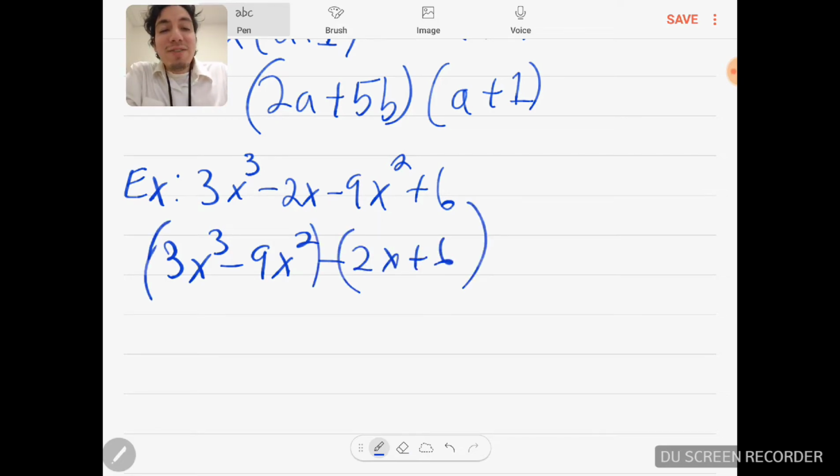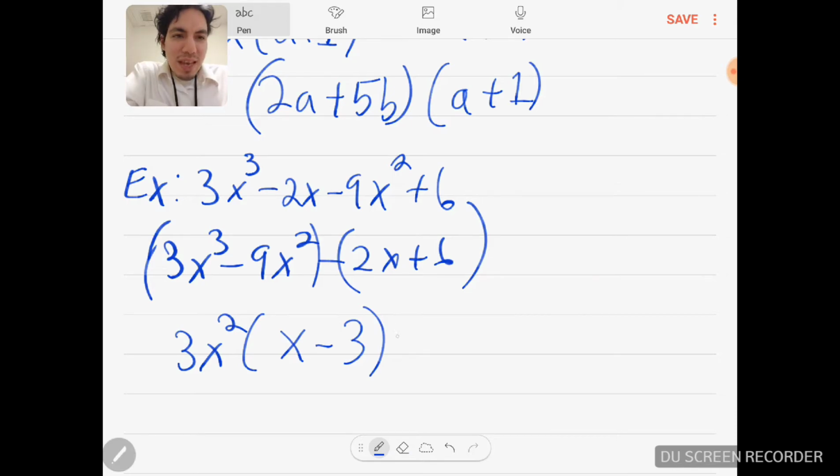These terms you can definitely factor out. So I'm left with 3x squared. I'm left with 3, oops, not 3, definitely not 3. x minus 3 is what I meant to write. And then for the middle term, minus, I can factor out a 2.